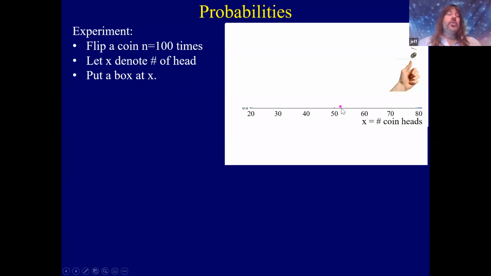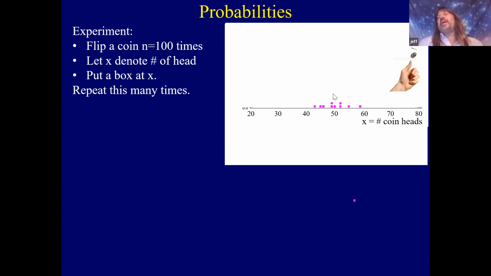So I put a little orange box on the 53. And then I do it again and I keep getting different numbers, right? Every time I flip 100 coins and I count how many of them are heads, and we can put little boxes to say what results I got. And we keep doing that. And when you get the same number of heads twice, then the boxes kind of stack up.